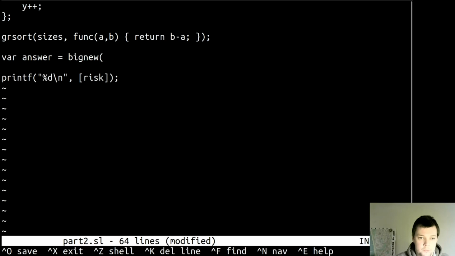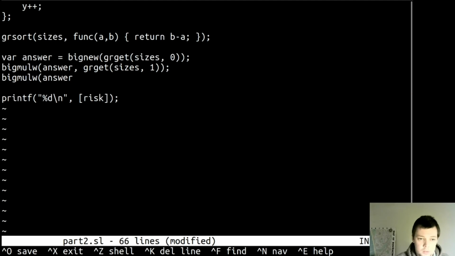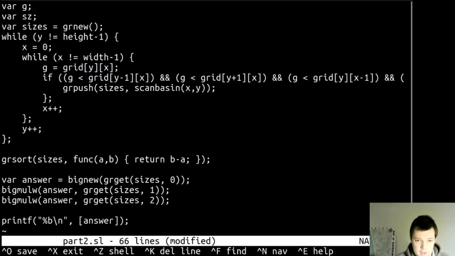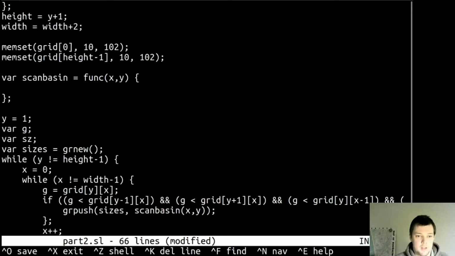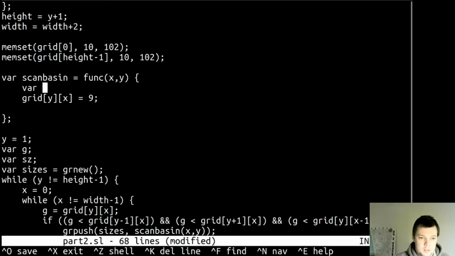And scan basin can actually overwrite the given coordinate with a 9, and then for each of its neighbours it can, so say it's a 1.